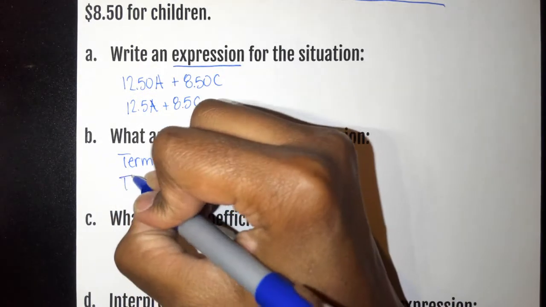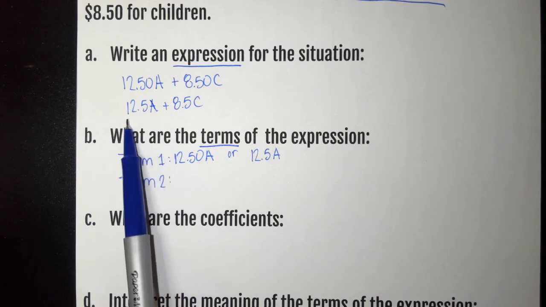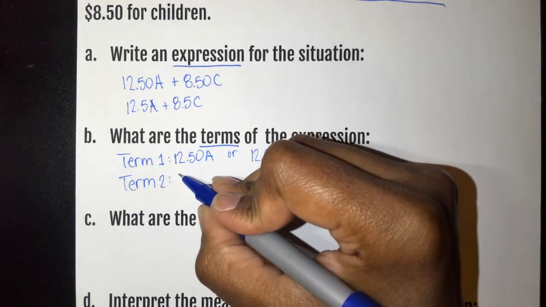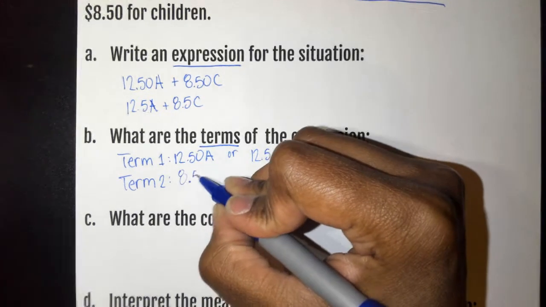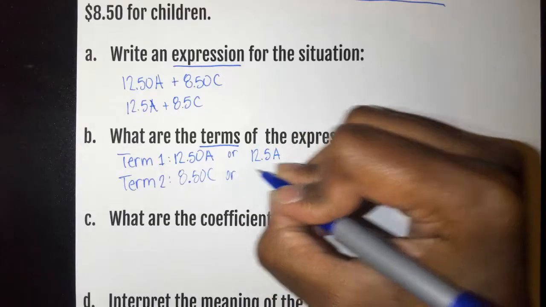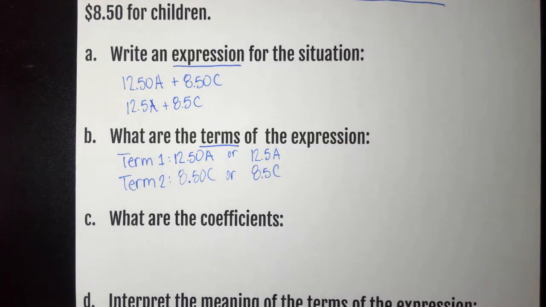And then our second term is the other part of the equation that is separated by addition. Well, the addition sign separates these two things. So the other part is 8.50C or 8.5C, because remember, you don't need the 0.